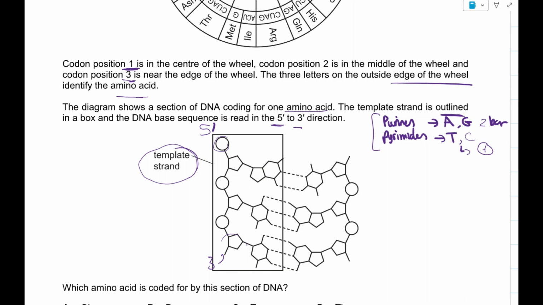Regarding the hydrogen bonds, we know that adenine binds with thymine in 2 hydrogen bonds, and cytosine binds guanine in 3 hydrogen bonds. Now this makes it easy to identify what these nitrogenous bases could possibly be. First here we could see 2 hydrogen bonds.